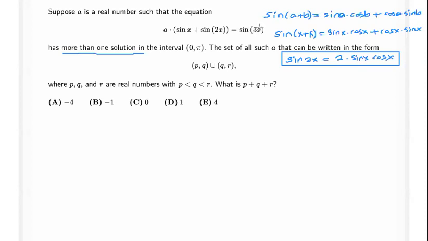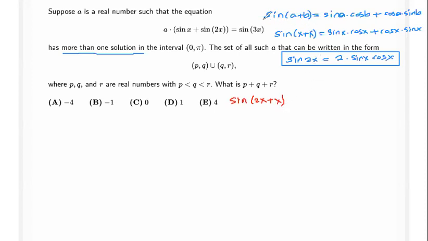And now if you want to find sine 3x, we can use a similar approach. So I will go ahead and write sine of 2x plus 1x, which is going to be 3x, right?